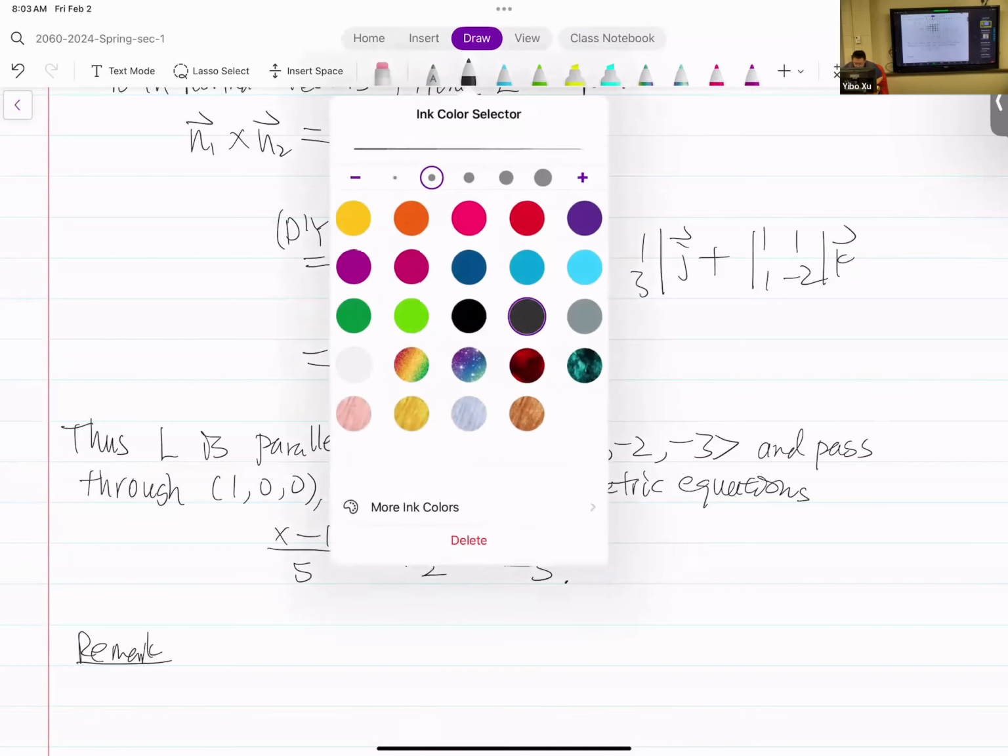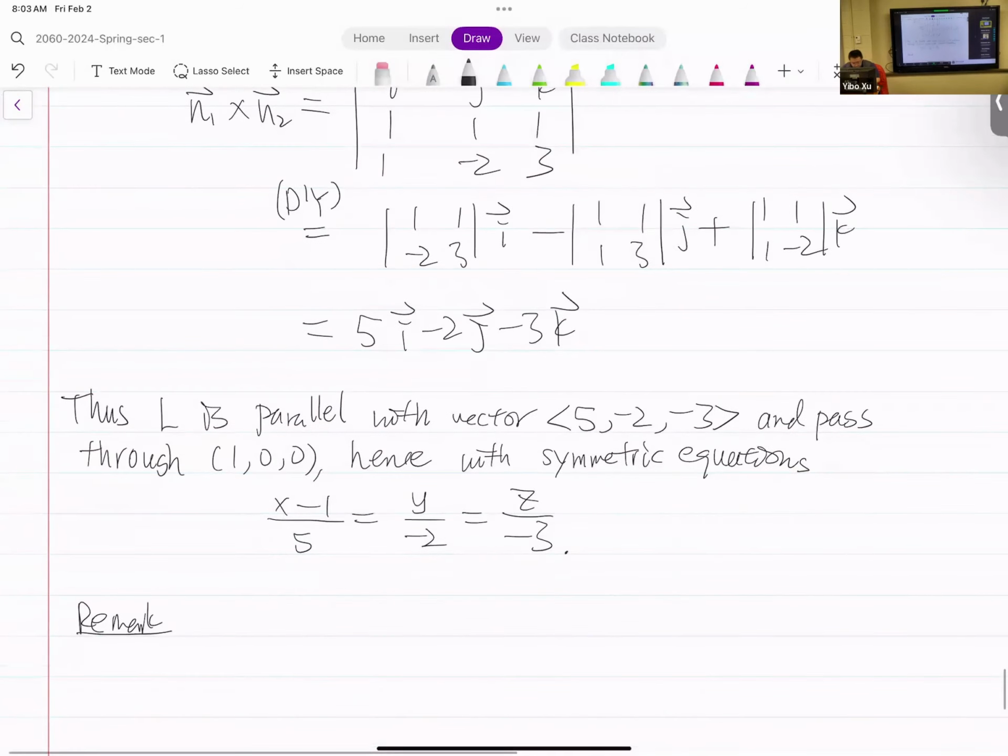Right. The next topic is a quick remark. In this example, what have we done? We have two planes, and then we want to write down the equation of a line, right?